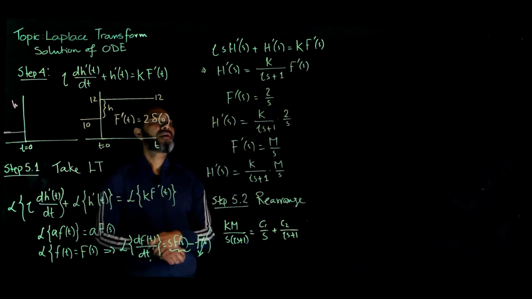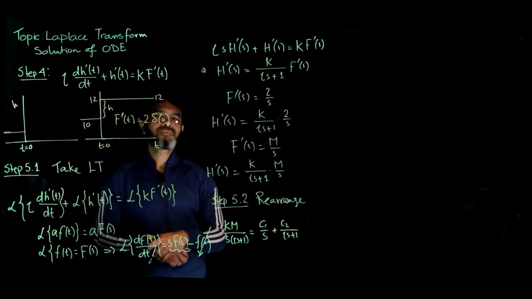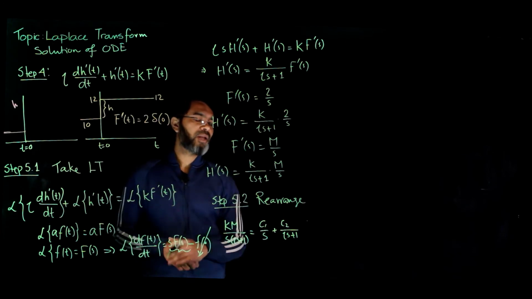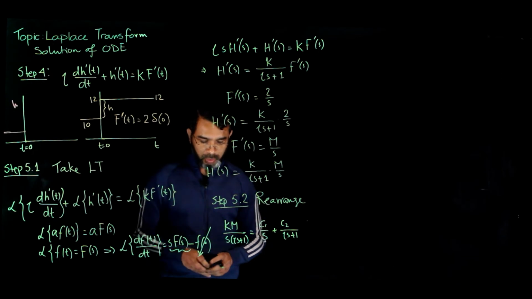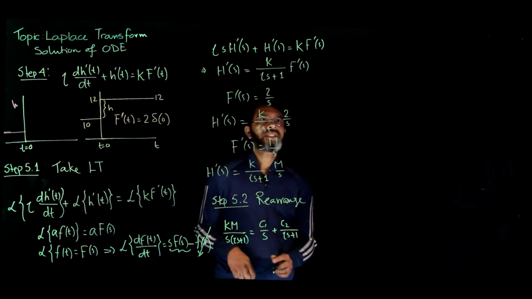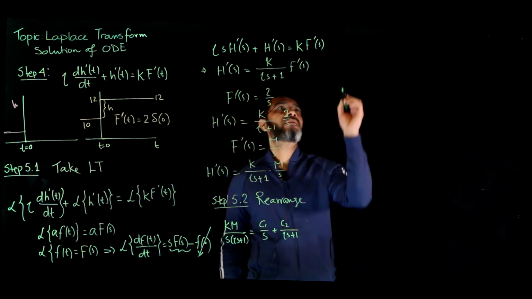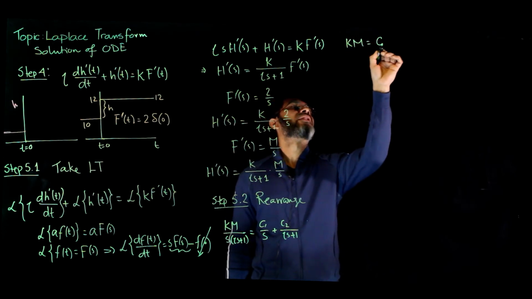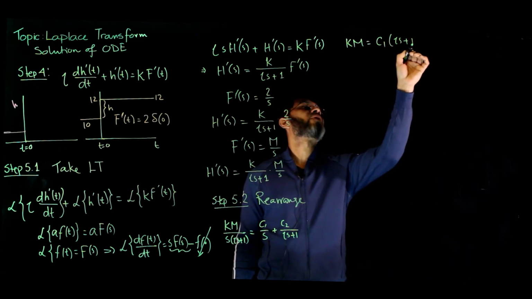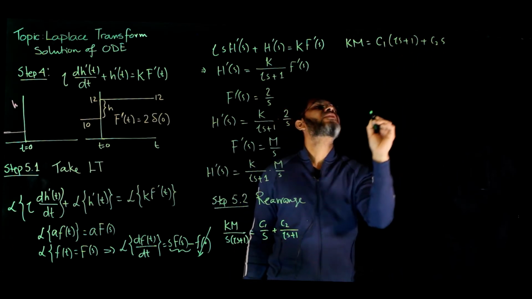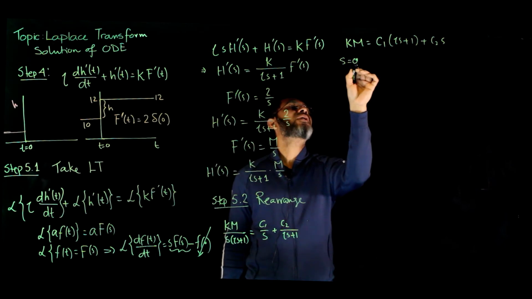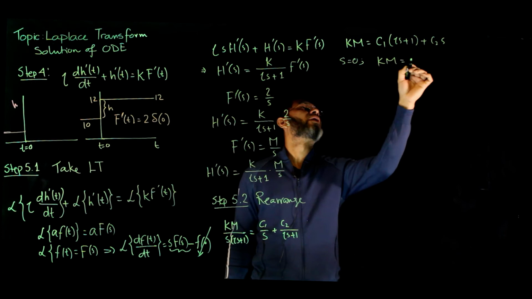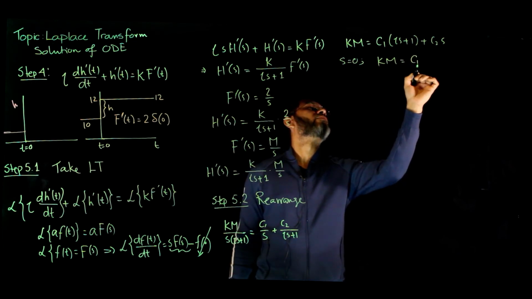Using the procedure for partial fraction expansion, we can find the values of c1 and c2. We write km equals c1 times (tau s plus 1) plus c2 times s. Putting s equals 0, we get km equals c1.